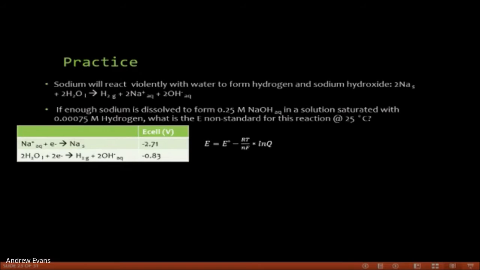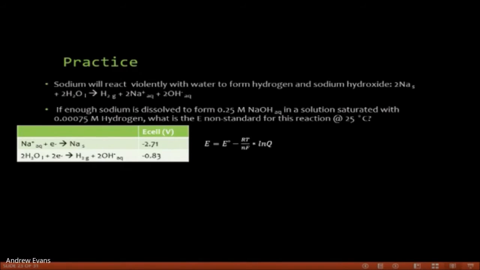Okay, so looking at this, let's rewrite our equation. 2Na solid plus 2H2O liquid goes to H2 plus 2Na+ and 2OH-.